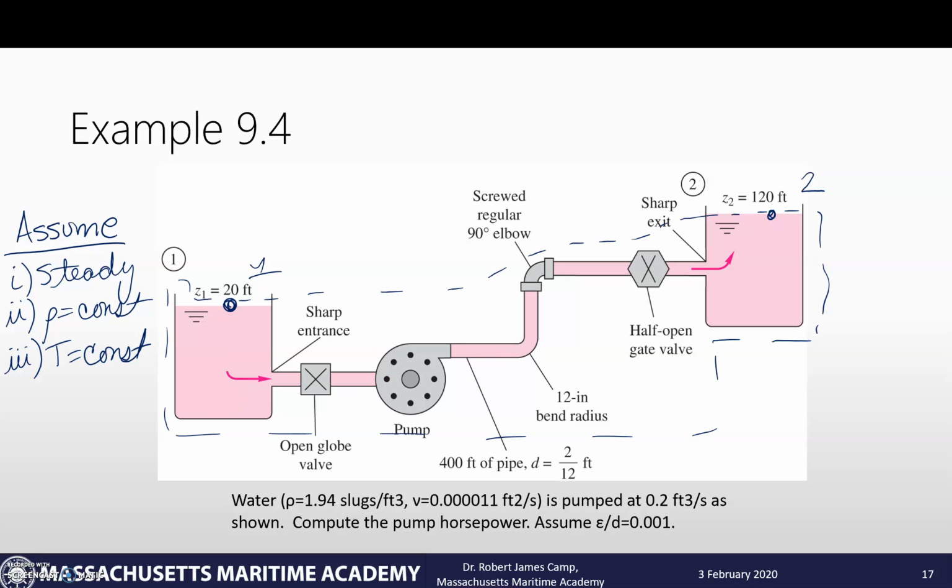So as I start here, I need to start picking it apart and solving it. What am I going to do? I'm going to write my energy equation and knock out the low-hanging fruit to find out what's left. I am going to rearrange it to solve for the head of the pump, because once I have the head of the pump, I can drop into my definition of the head of the pump, which will give me the amount of horsepower.